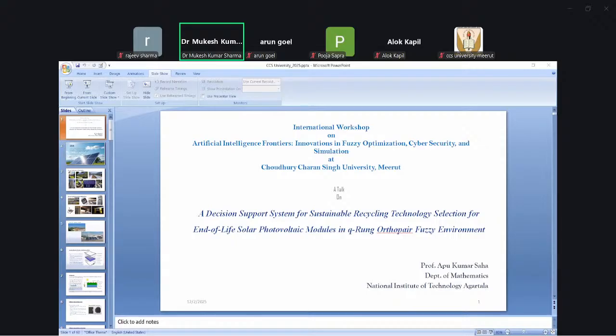Now conclusion. So analysis, just what we have done. I am not going to read this out. Just you can see. Now SPVM recycling industries in India: this is in Hyderabad, Sustainability Limited. Then this is Vikram Solar at Kolkata.